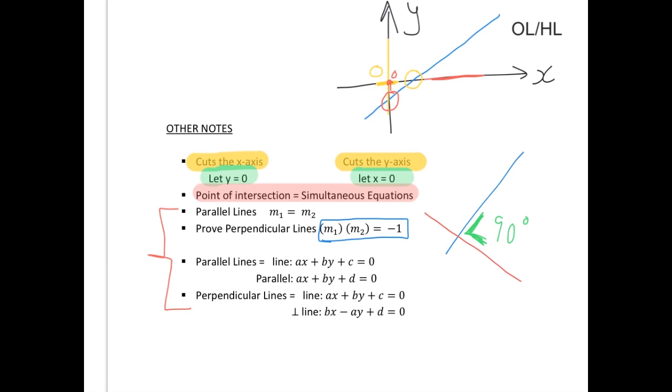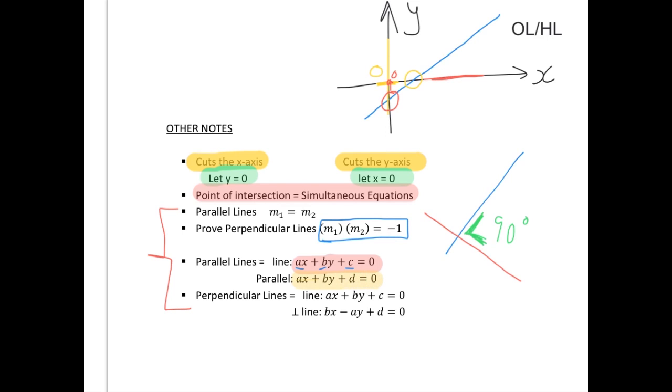Then, if we were to look at the actual equations for the lines, if you are, say, given the equation of a line ax plus by plus c equals 0, where a, b, and c are numbers that are given, then the equation of a parallel line will always be of the form ax plus by plus d equals 0.